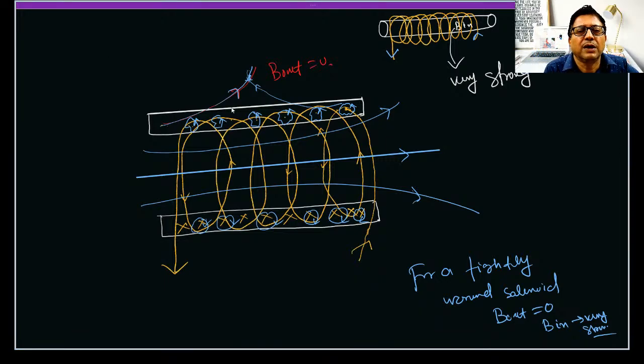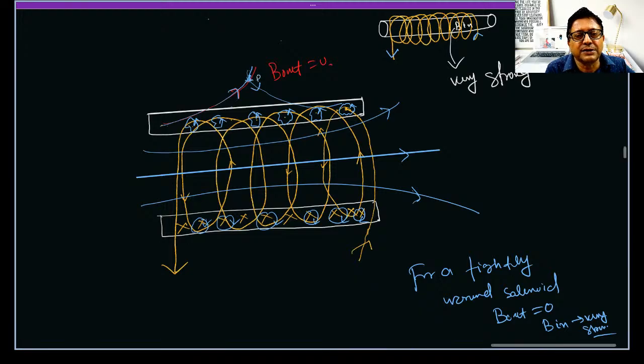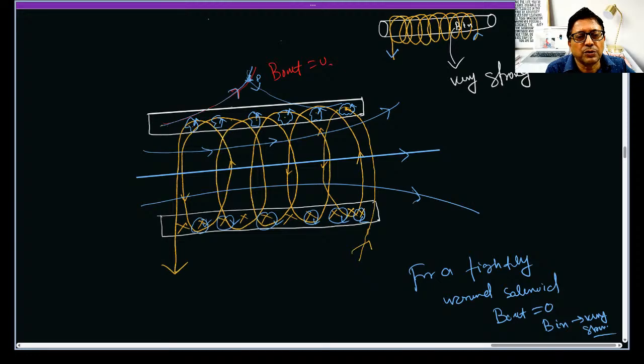This arrow I have taken down; it will be like this only. Then they go this way, due to these circular loops. So they get cancelled outside. Inside they exist and add to each other. So it will be like this. Okay?